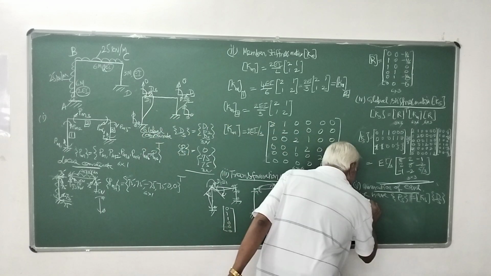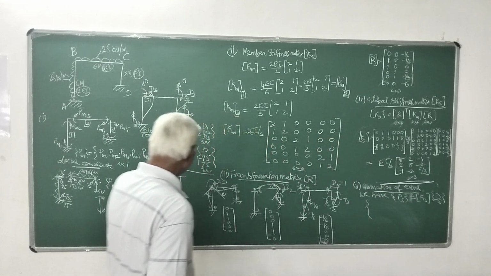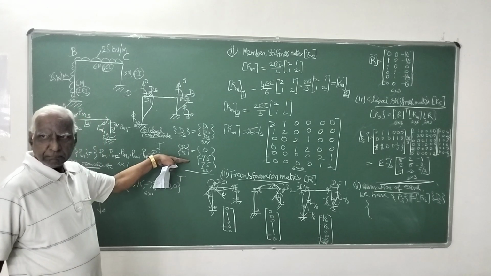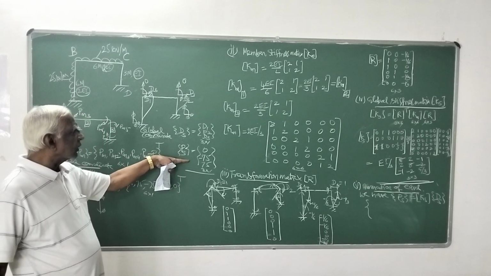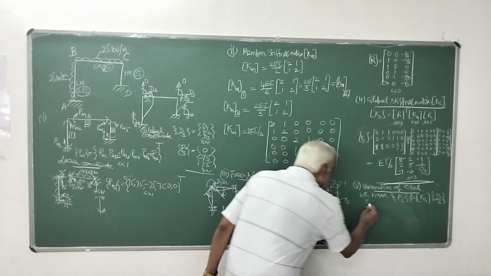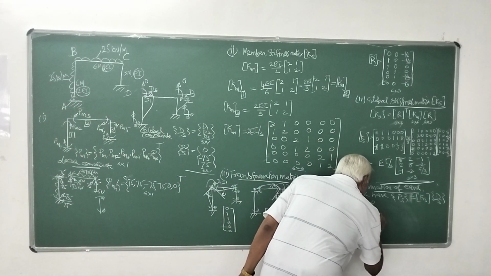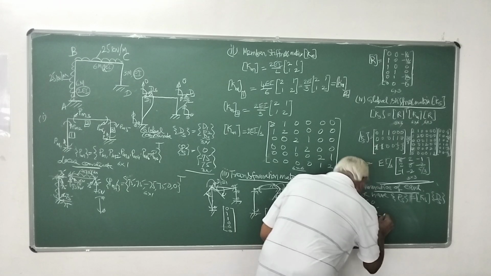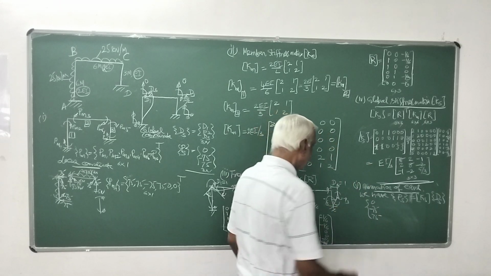Ps, we have determined in the first step, is the load corresponding to the global coordinate system, that is 0, minus 75, 75.